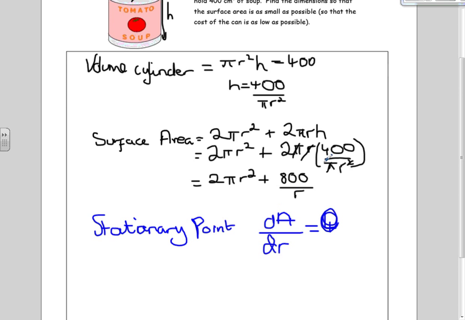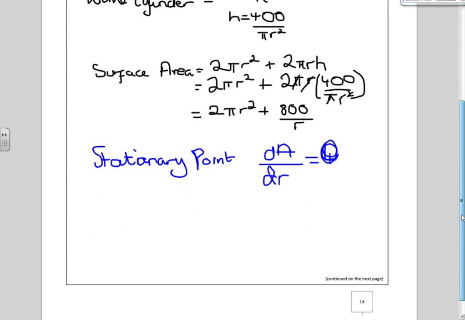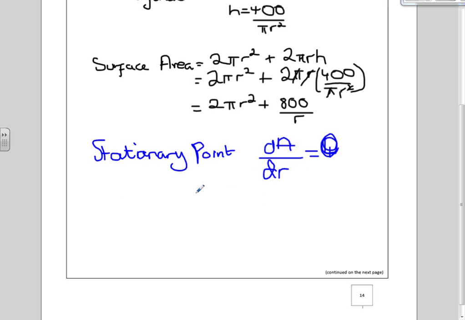We take this 800 over r as 800 times r to the minus 1, so A equals 2 pi r squared plus 800 r to the minus 1. Now we're going to differentiate that.